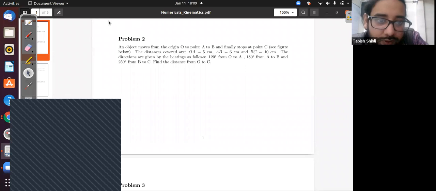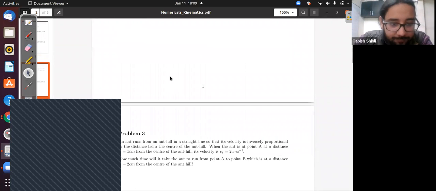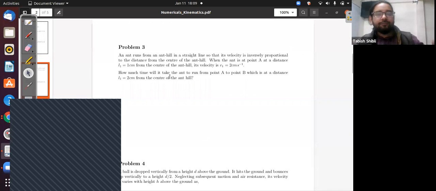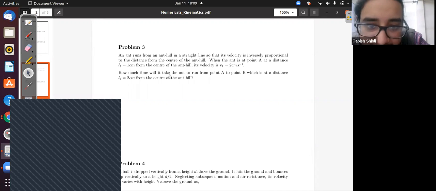Okay, let's move on to the next question. Let's move on to some proper kinematics. This question is such that an ant runs from the top of an ant hill in a straight line, so that its velocity is inversely proportional to the distance from the center of the ant hill.